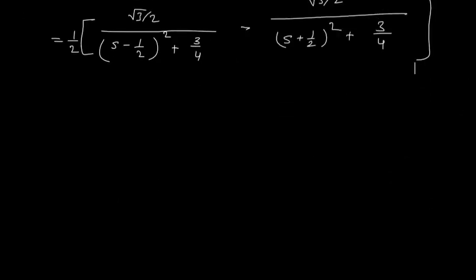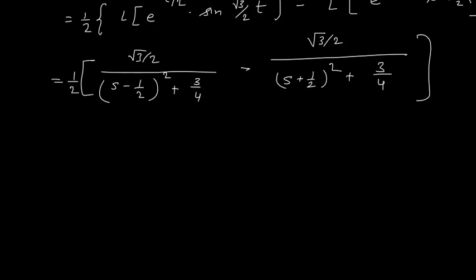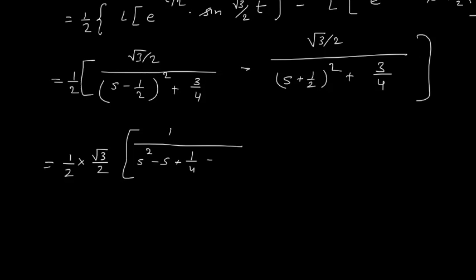Now root 3 by 2 is common, so let us take that out. So this is equal to 1 by 2 into root 3 by 2. Inside I have 1 upon, now I will open this bracket, s square minus s plus 1 by 4 plus 3 by 4. Here I have 1 upon root 3 by 2, so I have taken common.